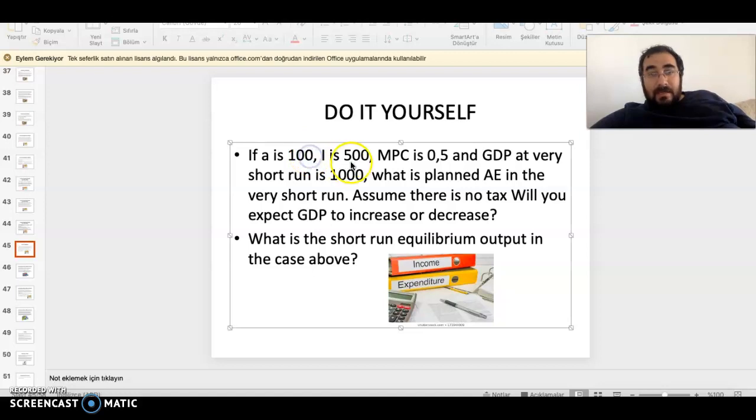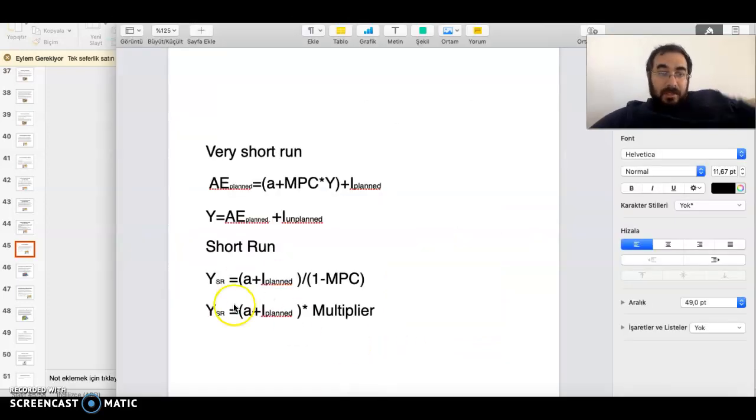Let's say A is 100, I is 500, and MPC is 0.5. GDP in the very short run is 1000. What will be my AE planned in the very short run? So first I'm dealing with the very short run.